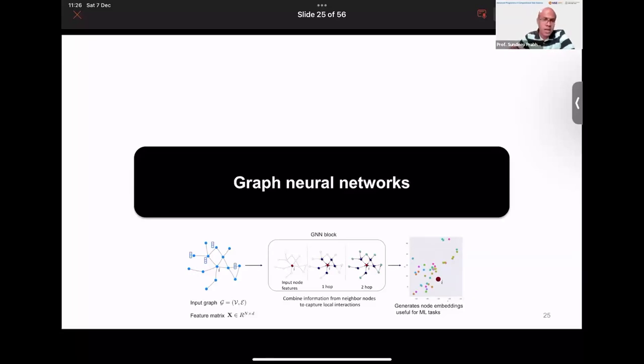So, like ML and the transition to deep learning, graph neural network is a newer tool to do graph analytics based on neural networks.